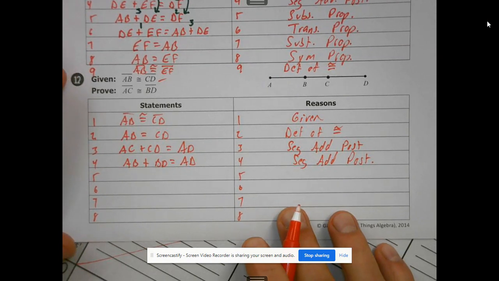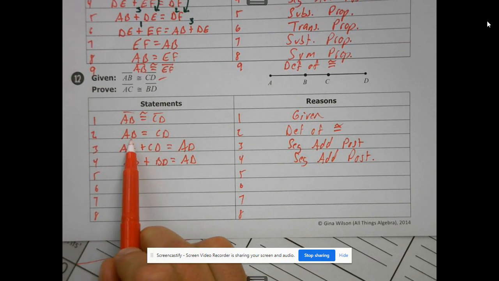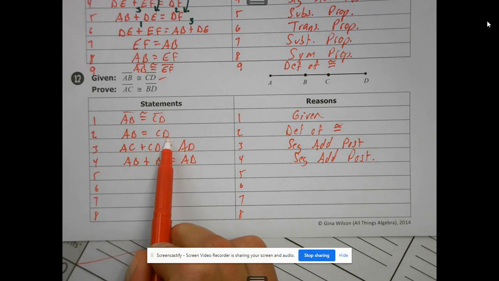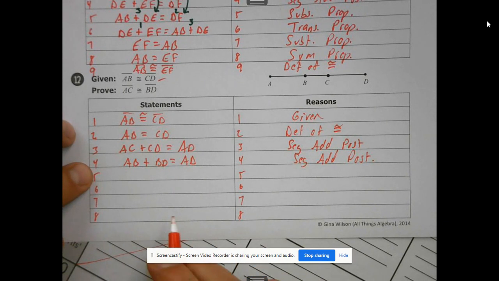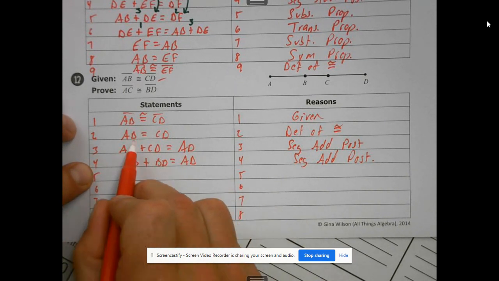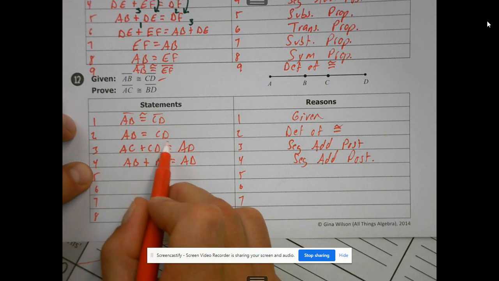Okay, let's do some replacing now, right? I know that AB is equal to CD. So I'm going to replace AB with CD. So I can say, I'm replacing here, AB with CD.